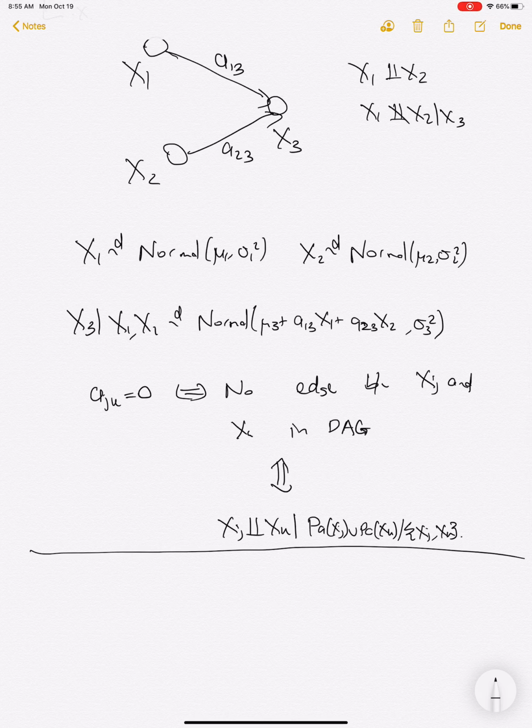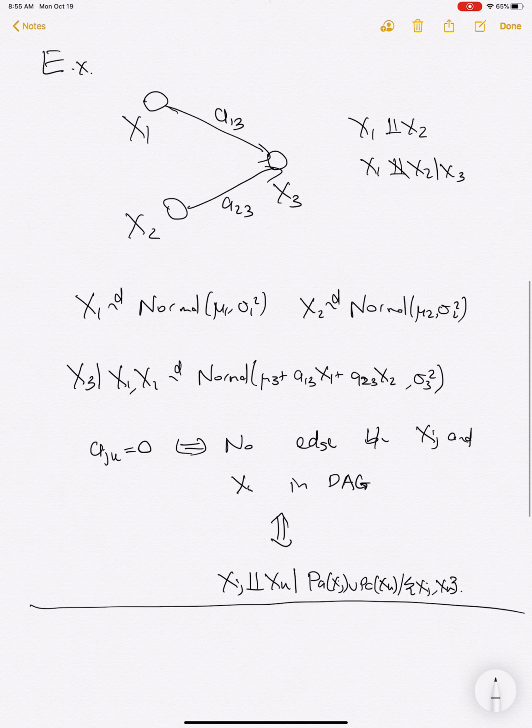There are no parents of x1 and no parents of x2. So from a structural equations point of view, x1 is just a normal random variable with mean mu1 and variance sigma 1 squared. X2 is a normal random variable with mean mu2 and variance sigma 2 squared.